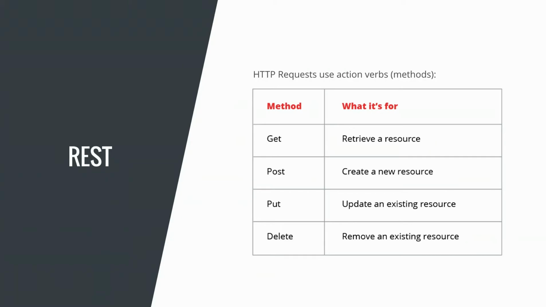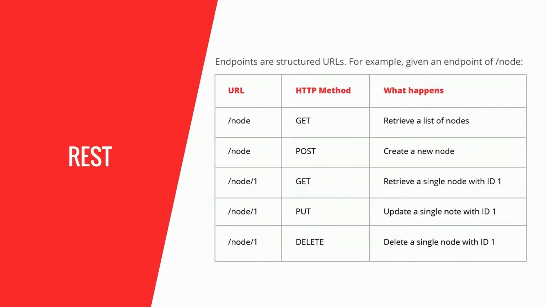When we talk about a resource in Drupal, we're basically talking about an entity. So a node is a resource. If you issue a GET request against a node URL, you're going to get a representation of that node back. Same with PUT and DELETE. So endpoints are structured URLs. In Drupal, we've historically had /node, which just lists a bunch of nodes that are on your Drupal site.